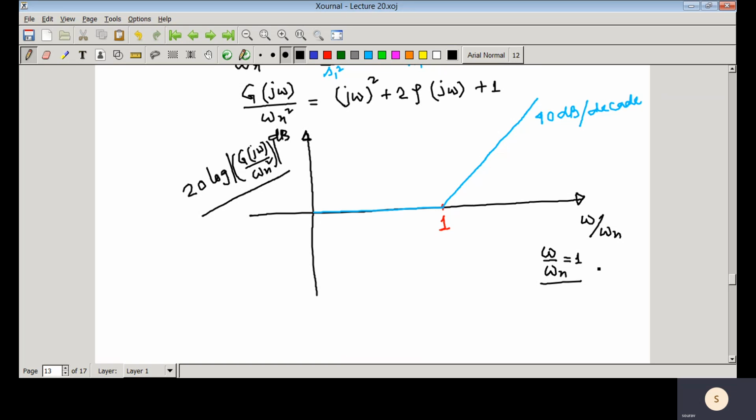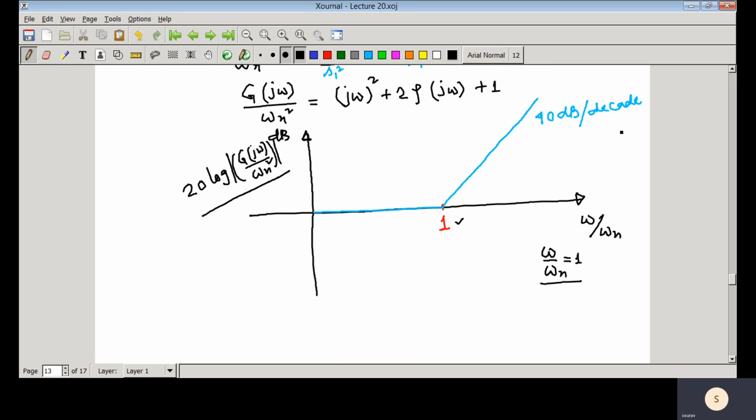That means if we represent it in only log ω scale, then the corner frequency would be ω_n here. But if we represent it in scaling form, that is by ω_n, then this one would be 1.